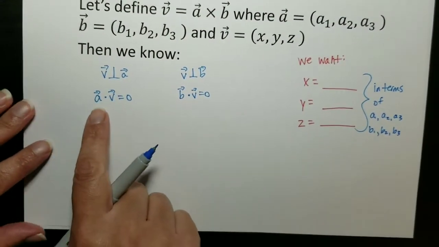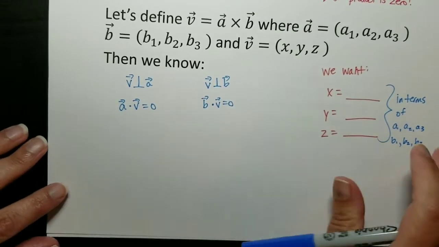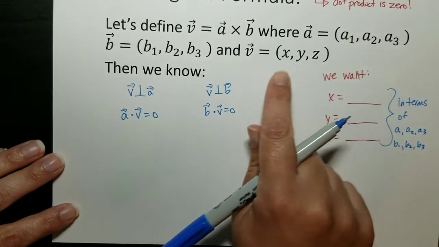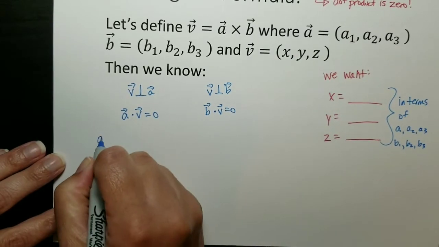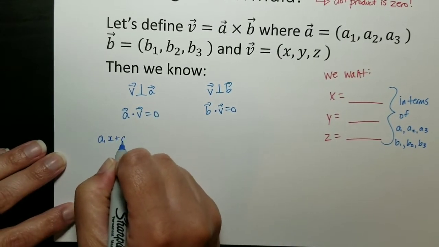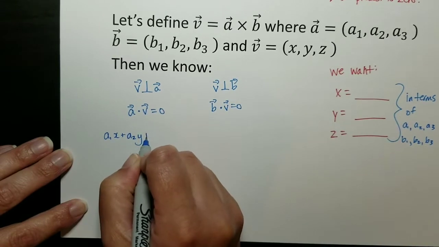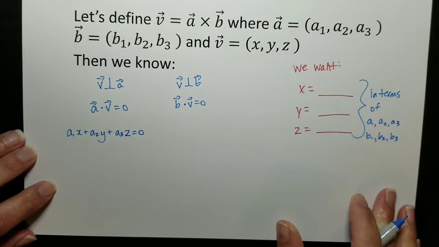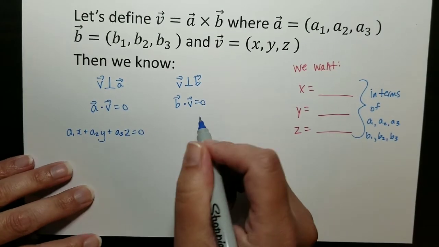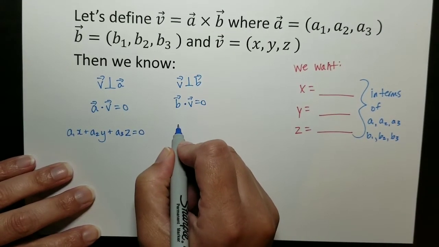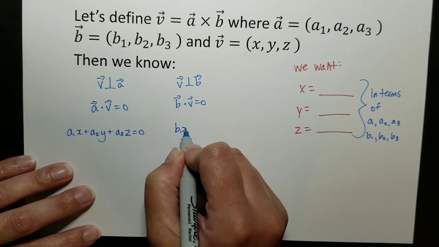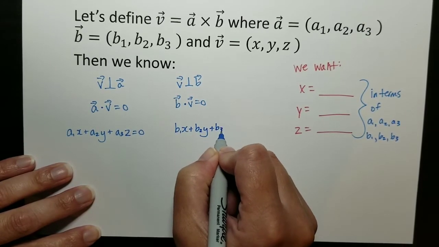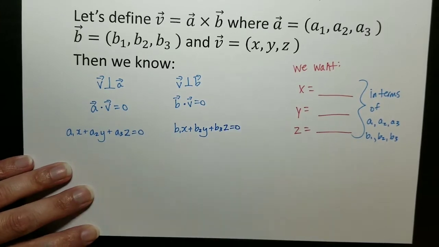So if we know that A dot V equals 0, that would be A1X plus A2Y plus A3Z would equal 0. And similarly, B dot V equals 0 would give us B1X plus B2Y plus B3Z equals 0.